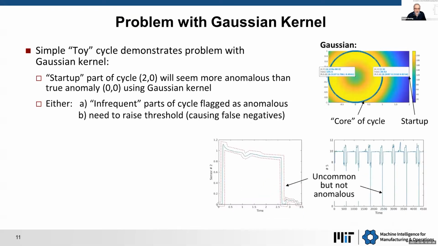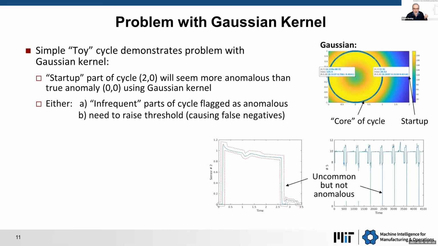To give you a sense of this, consider a toy example. Again, two different sensors, in the upper right, where we've got this Gaussian picture. Imagine that core of the cycle is the normal trajectory of my sensor 1 and sensor 2. It normally goes around that, and you build up a Gaussian distribution around that, with some probability density. But at startup, right at the very sharp startup, or maybe near the end of the cycle, you might have a different combination of S1 and S2, your two sensors.